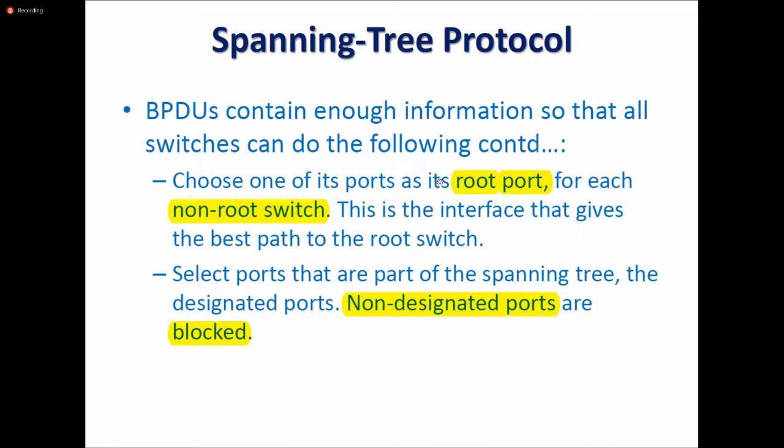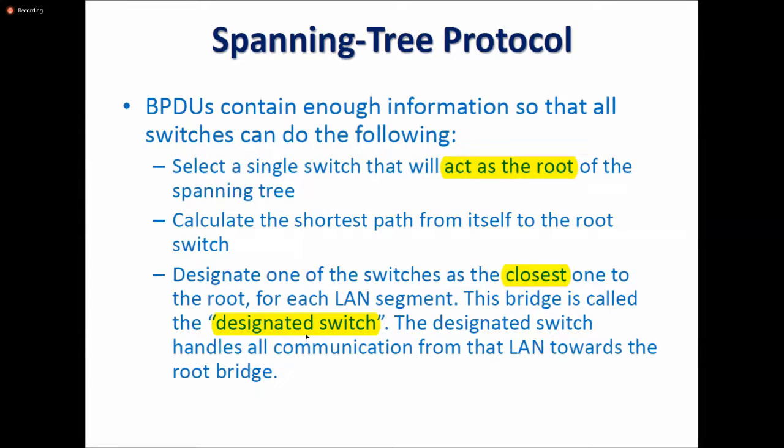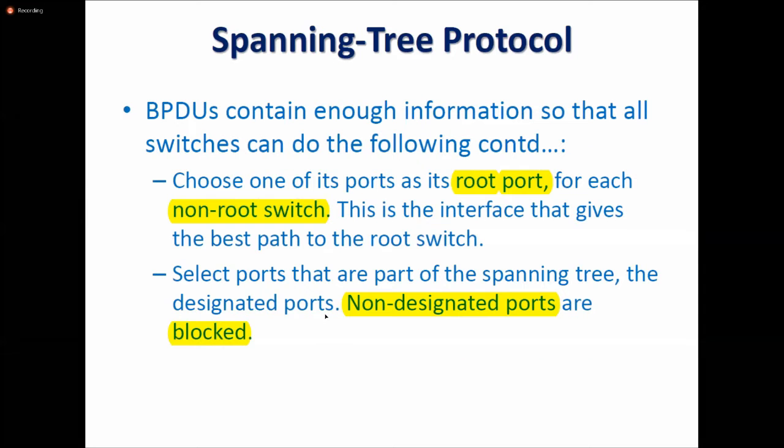Choose one of its ports as root port for each non-root switch. So where is the root port available? Choose one of its ports. One of its ports means, we previously discussed this designated switch.